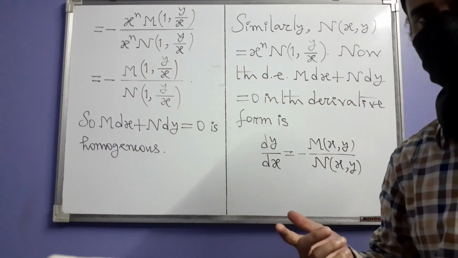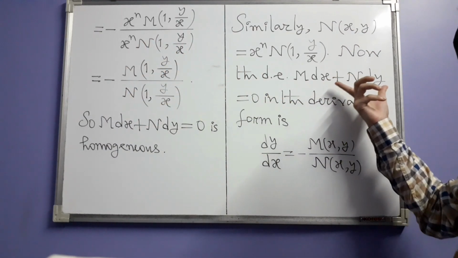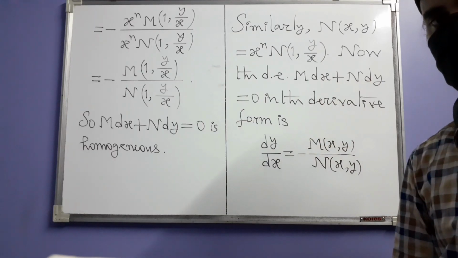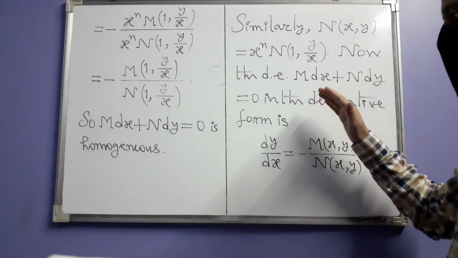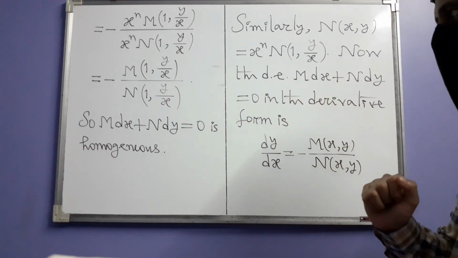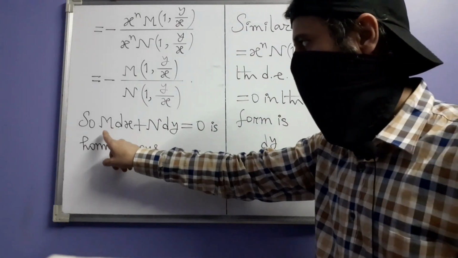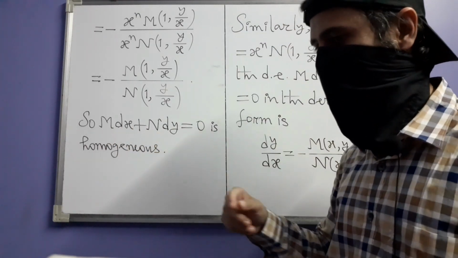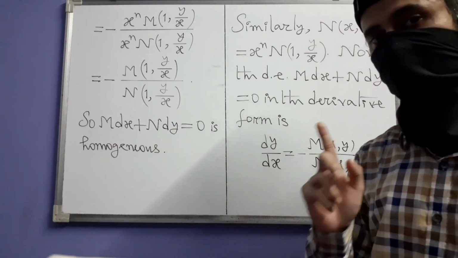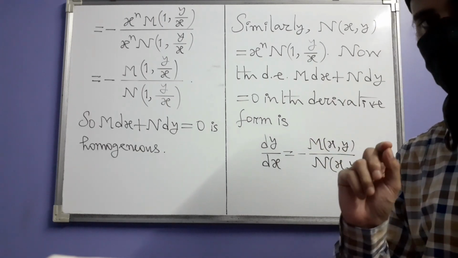So by definition of homogeneity, this equation is homogeneous, and that is why, instead of going through all these steps, if your functions m and n themselves are homogeneous of the same degree, and that is important, then the equation is homogeneous.